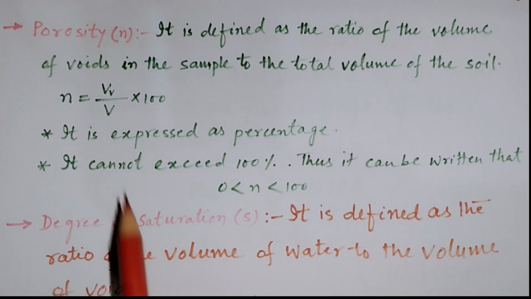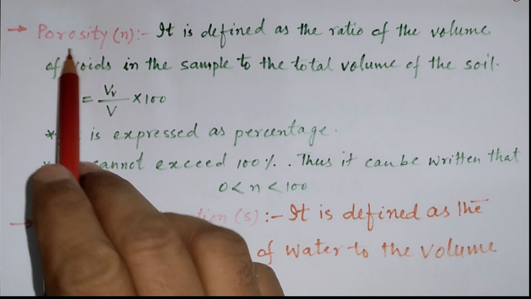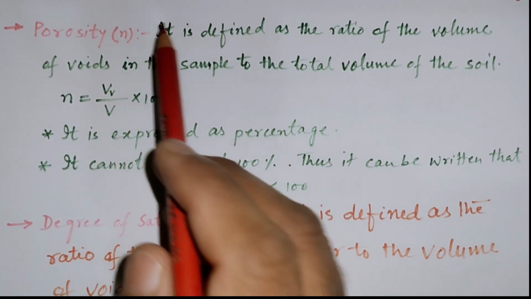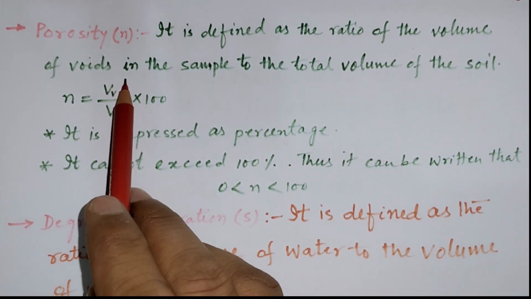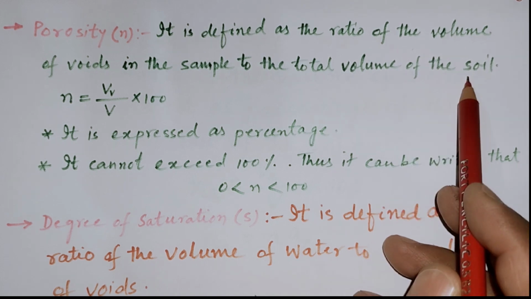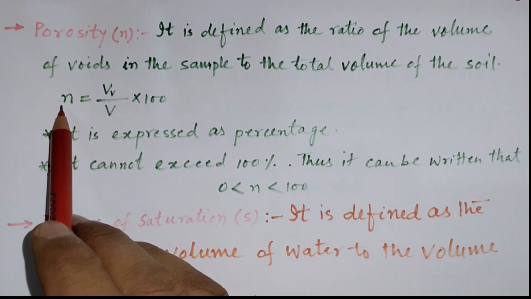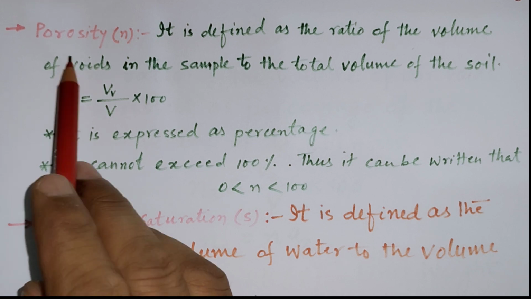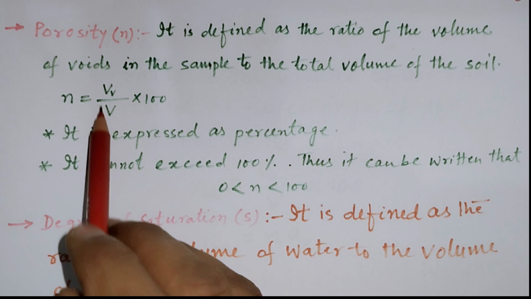Another important term related to soil is porosity. It is defined as the ratio of the volume of voids in the sample to the total volume of the soil. Normally we use small n for porosity, so n will be equal to volume of void divided by total volume.